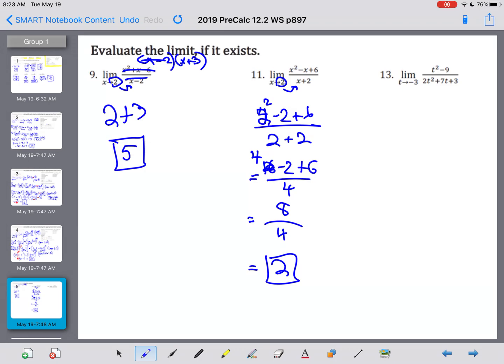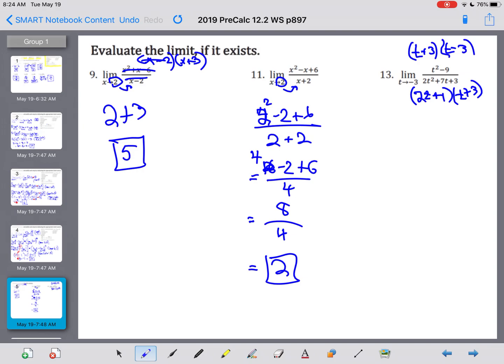Now, if I plug in negative 3 in the bottom here, I'm not sure what I'm going to get, so I'm going to go ahead here and factor the top, which is t plus 3, t minus 3. And the bottom here, I'm going to get 2t times t plus 3 plus 1.